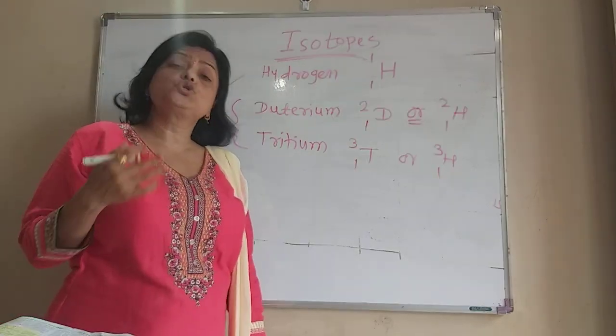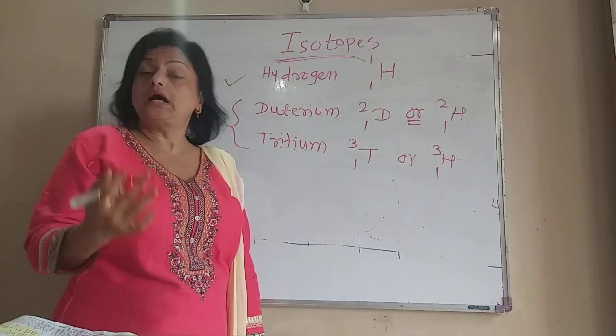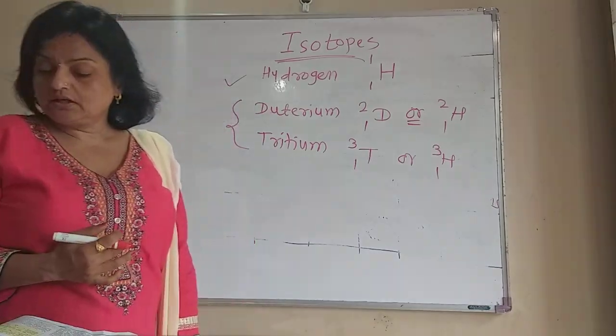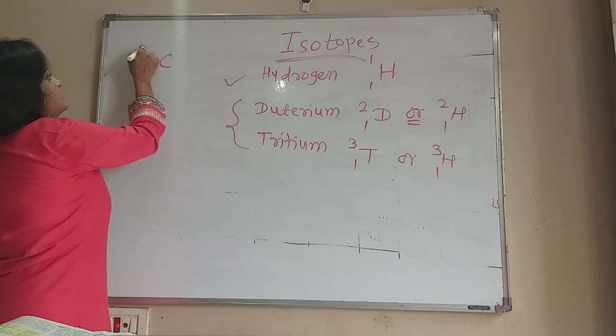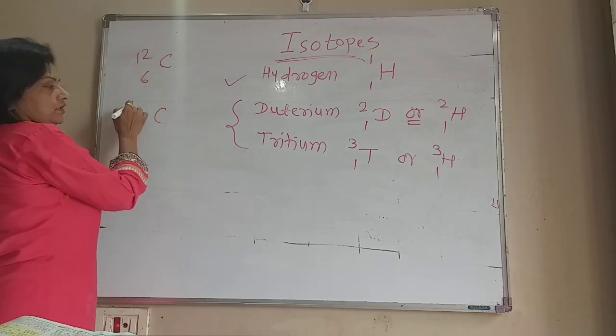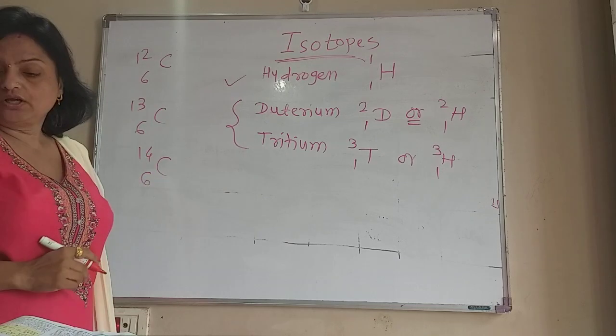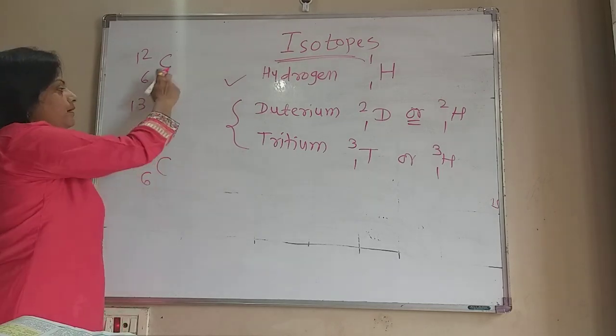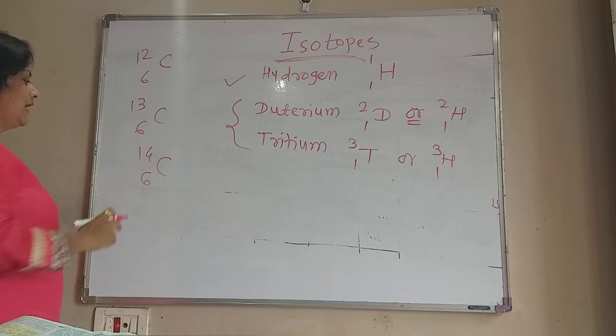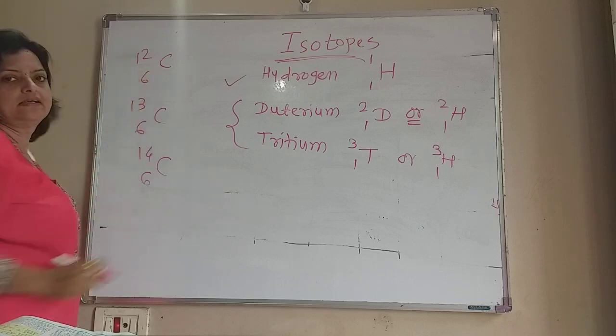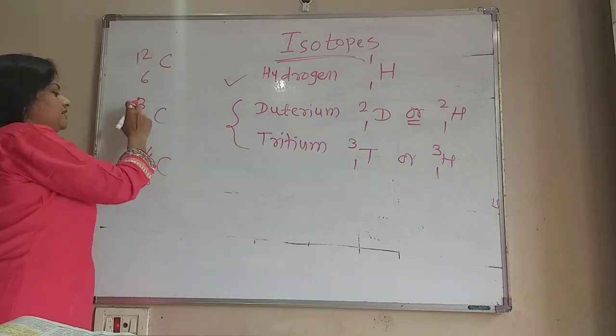Similarly, carbon also has 3 different types of isotopes. Now those are carbon 12-6, carbon 13-6 and carbon 14-6. In this way, all the 3 carbon atoms here have the atomic number 6, but the mass numbers 12, 13 and 14.